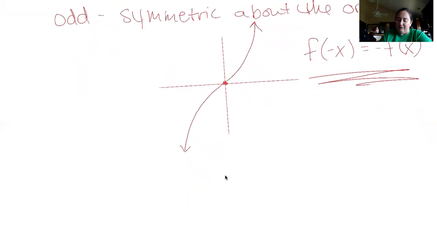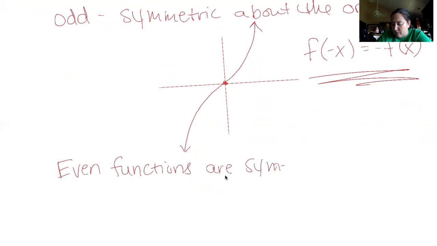Okay. Even functions are symmetric about the y-axis.